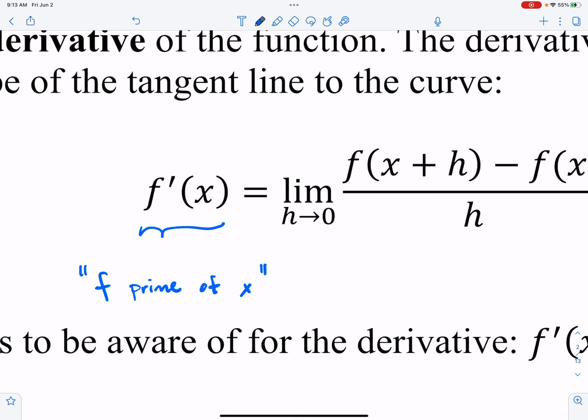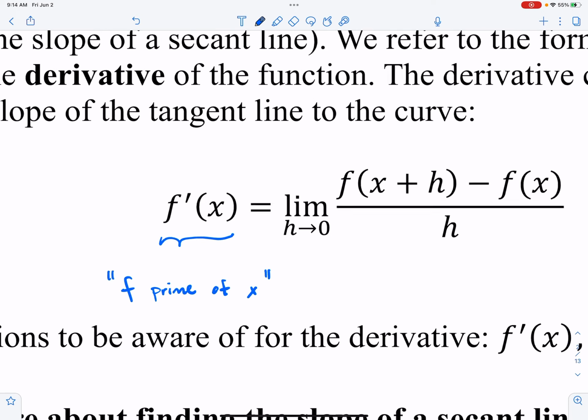And a derivative is a function, right? So a derivative would actually be a function. So it's a notation that indicates the relationship to another function. So like if you have the function f of x, its derivative would be f prime of x.